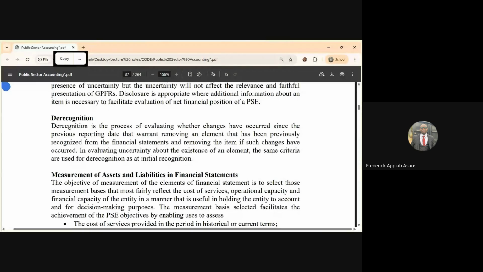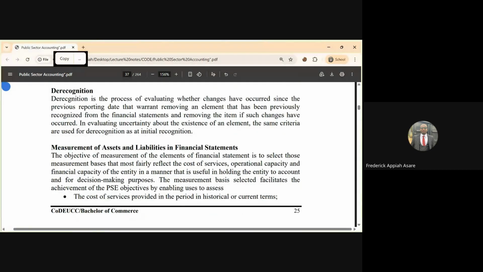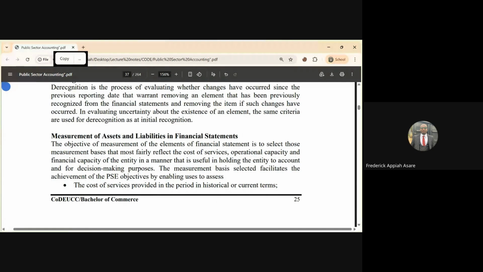Then the derecognition is a process of evaluating whether changes have occurred since the previous reporting date that warrant removing an element that has been previously recognized from the financial statement. So sometimes you record maybe an asset, a car, in the books. It will be a motor vehicle, you have recorded it as an asset in the books.